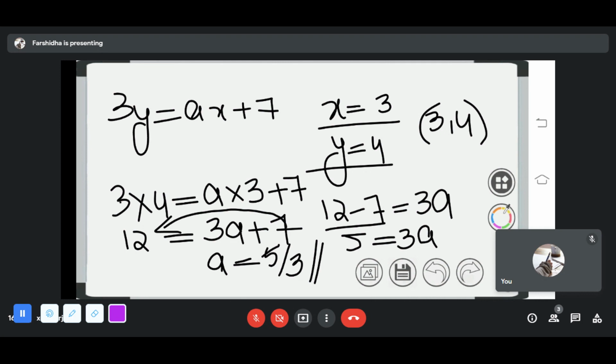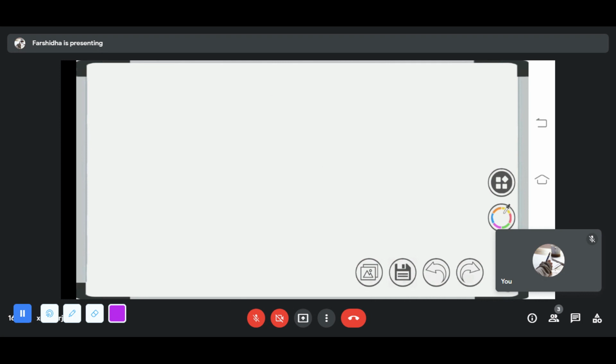Now the next question. The taxi fare in a city is as follows. For the first kilometer, the fare is rupees 8, and for the subsequent distance, it is rupees 5 per kilometer. Taking the distance covered as x kilometer and total fare as rupees y, write a linear equation for this information and draw its graph.